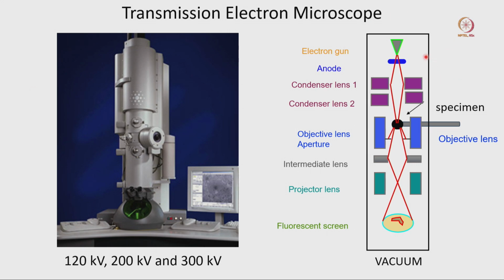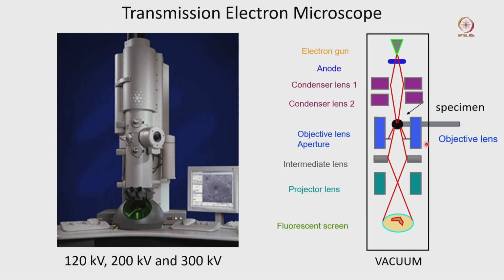If you look at the inner side of this microscope, you can see there is an electron gun, and then there is an anode, and then there are two lenses, called condenser lens 1 and condenser lens 2, and additionally there is another condenser lens, called condenser lens 3.